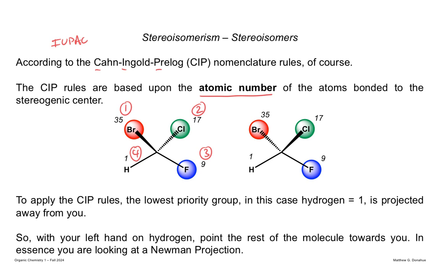So the lowest atomic number always gets priority 4. So the next thing that we want to do after we do that, before I show the next slide, I'll just preview it.